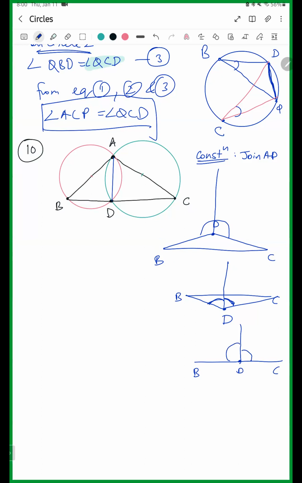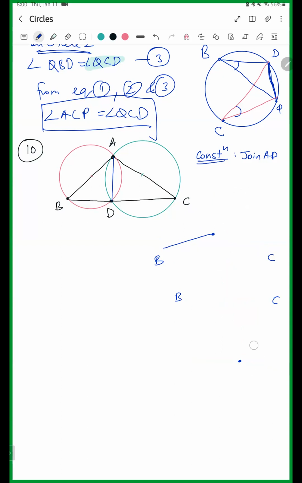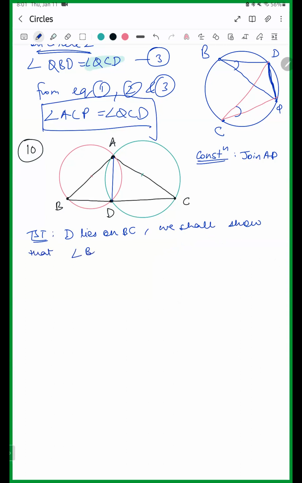So in order to show that point D lies on BC, we can show that the sum of these two angles, which two angles? BDA and ADC. So to show that D lies on BC, we shall show that angle BDA plus angle ADC is equal to 180 degrees.